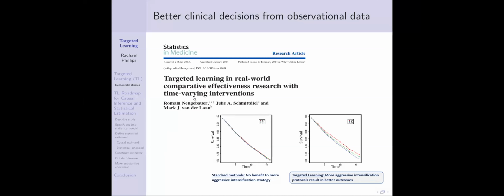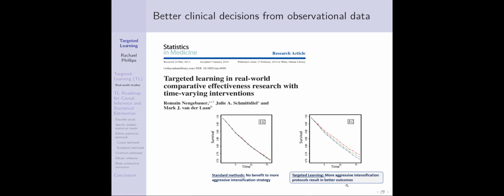This study is looking at the comparative effectiveness with time-varying interventions. In particular, this intervention was trying to identify when to intensify glucose control for patients with diabetes. And here we have an image of some results using standard methods, which found that there was no benefit to intensifying glucose levels aggressively.